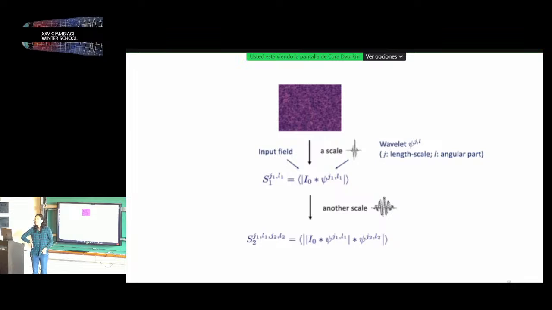How do you compare the observable? What observable? Ah, great. So how do you know the dependence of the scattering transform coefficients on the cosmological parameters?